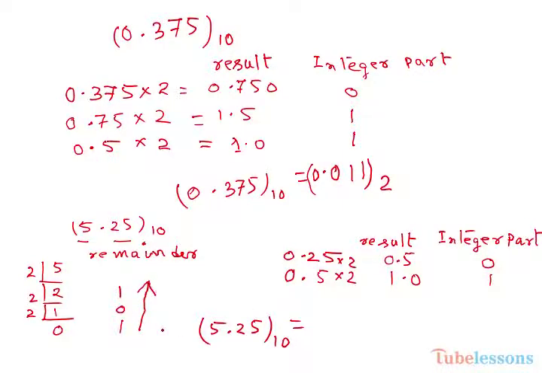So 1, 0, 1. Point. For the fractional part, arrange all resulting integer parts from top to bottom. 0, 1. So 101.01 in binary is the final answer.